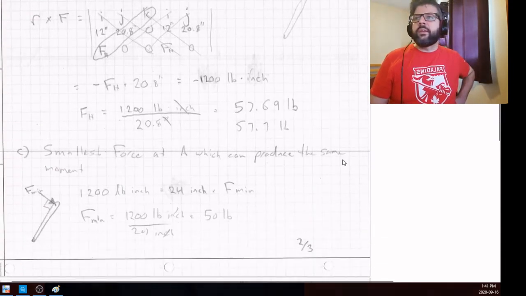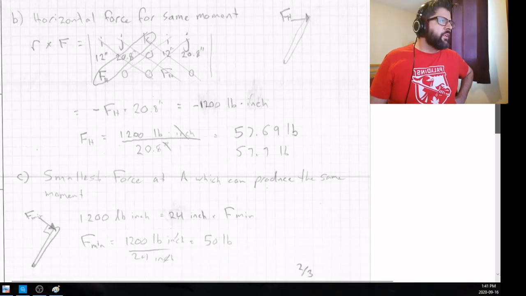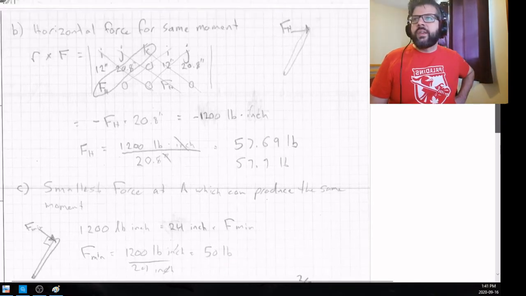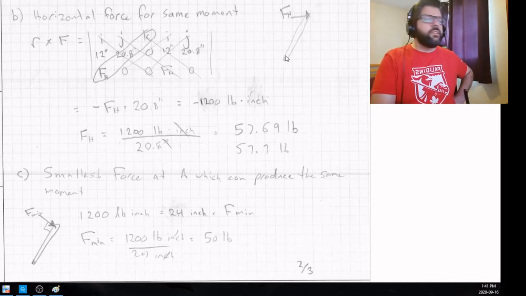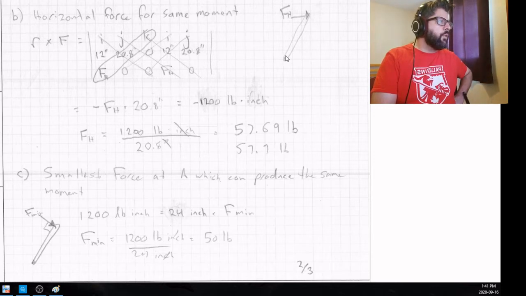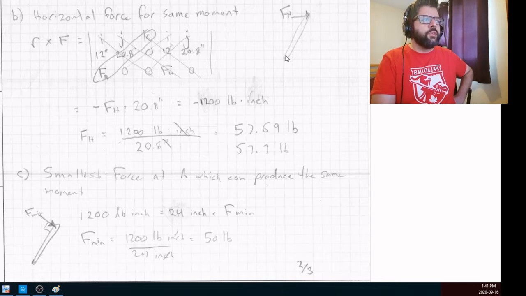Next thing that they want us to do is find out what sort of horizontal force would cause the same moment. So I just drew a quick sketch of that to orient ourselves. And we can do the same thing here, except we're throwing in a horizontal force.